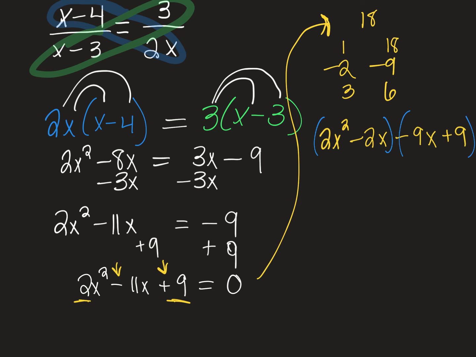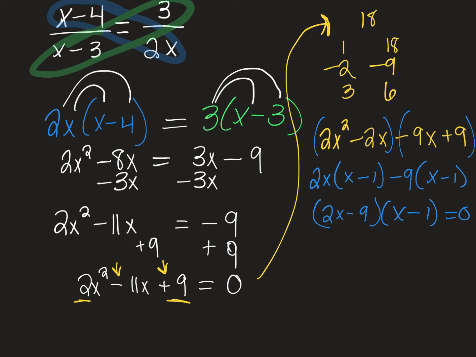It's still equal to 0. We can pull out a 2x, which leaves us with x minus 1. Pull out a negative 9, which gives us x minus 1. So my two factors are 2x minus 9 and x minus 1.